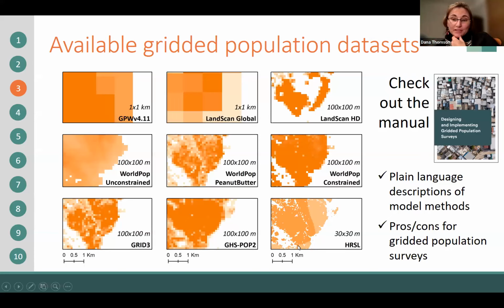In fact, I've found that HRSL, which is top-down based on old census data and uses lightly modeled approaches, very simple models, no geospatial model behind it with error estimates, often will give us more accurate estimates in places like slums. The reason is its tiny grid cell size and its use of very good building footprint data. So spend some time in the manual checking out the pros and cons of these, but hopefully that gives you a sense of the language and how the models work.